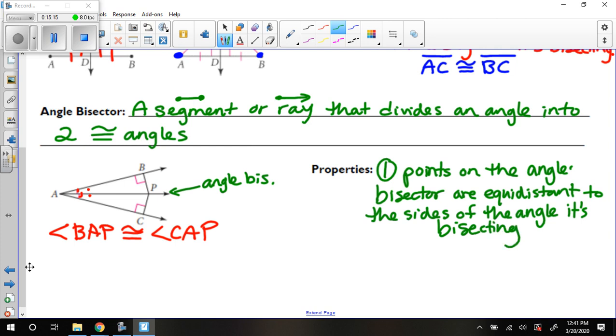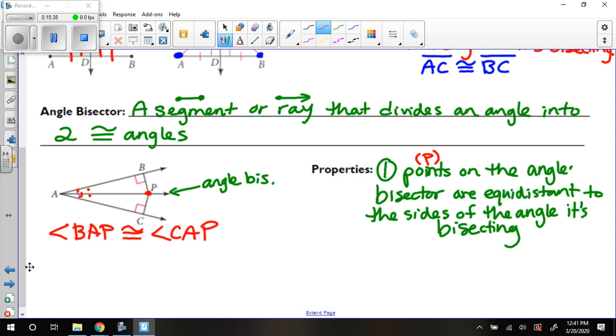Okay, so in our picture, the point on the angle bisector that it's referring to here is point P. Okay, so point P is an equal distance to the sides of the angle.